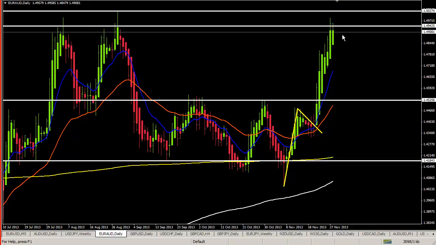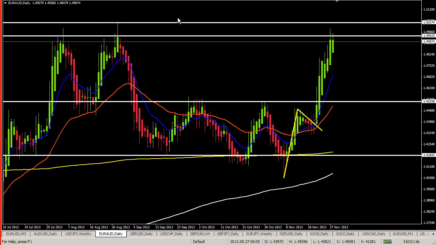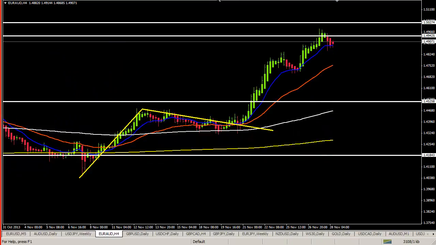So actually, these are the previous highs, and because this looks like a range, as we said yesterday, if the price is not really breaking these highs here, then we might see a bigger retracement. This would be or could be a bounce trade.